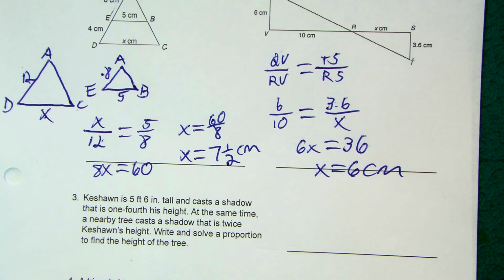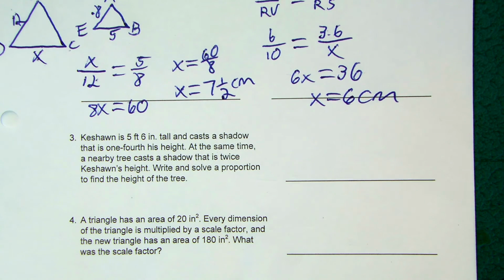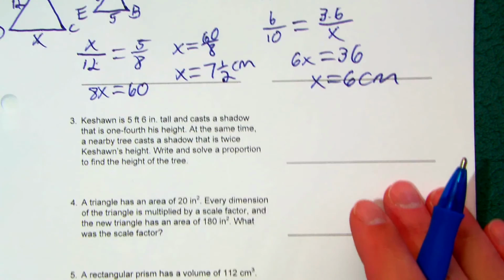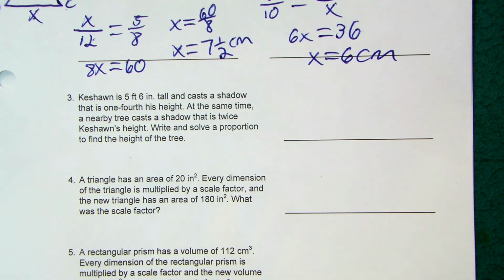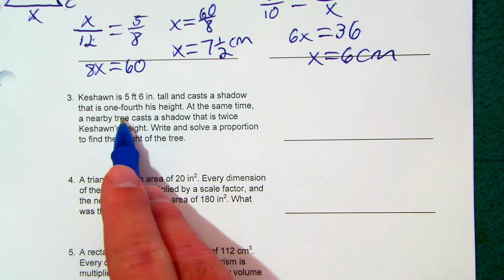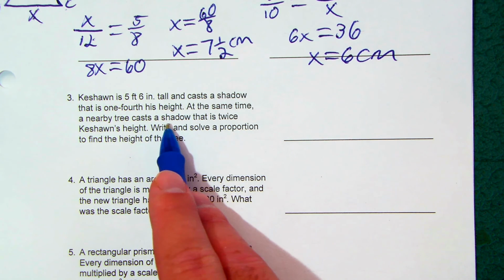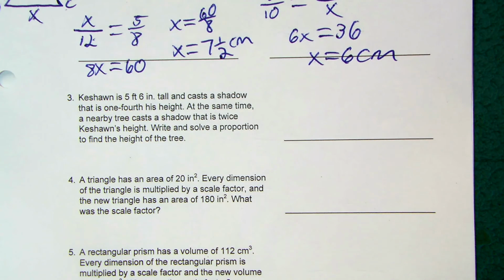All right, finally here then, we have a couple ones we're going to try and set up our own diagrams. It says, Kishan is 5 feet 6 inches tall, casts a shadow that is 1/4 his height. At the same time, a nearby tree casts a shadow that is twice Kishan's height. Write and solve a proportion to find the height of the tree.